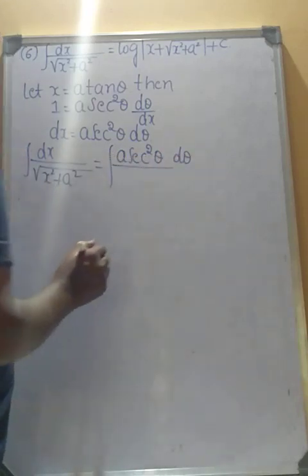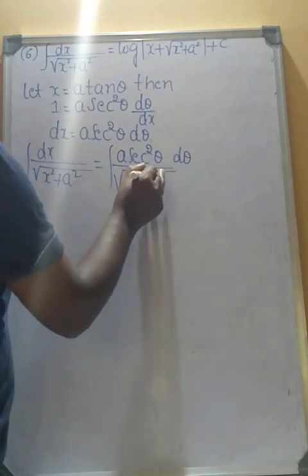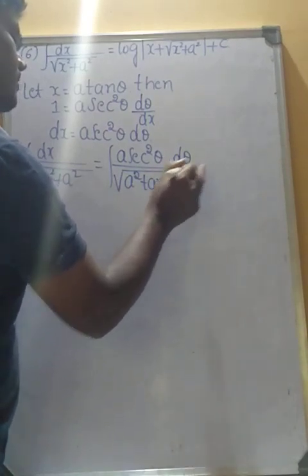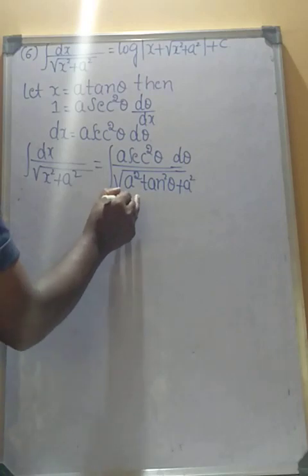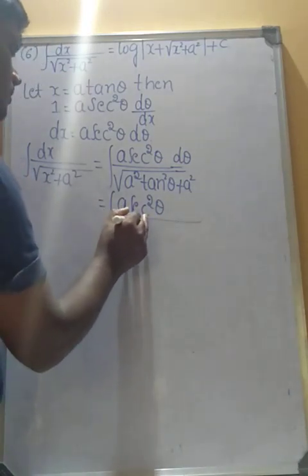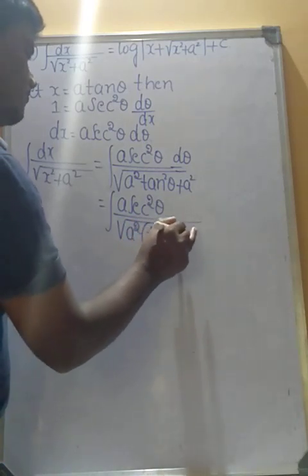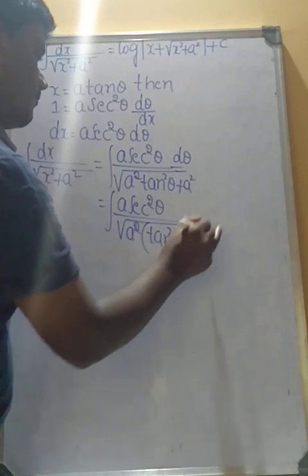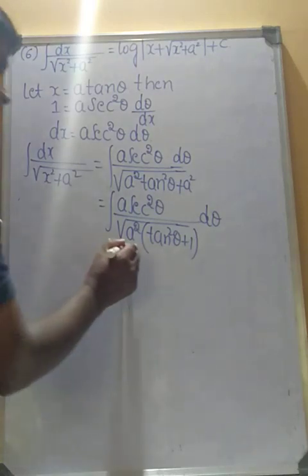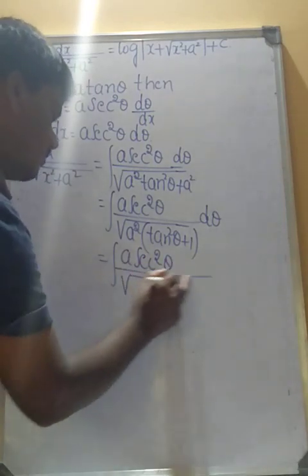what is x? X is a tan theta, then x square is a square tan square theta plus a square, equals integral of a secant square theta divided by root of a square common, take outside, in bracket tan square theta plus 1, into d theta, equals integral of a secant square theta divided by root of a square.